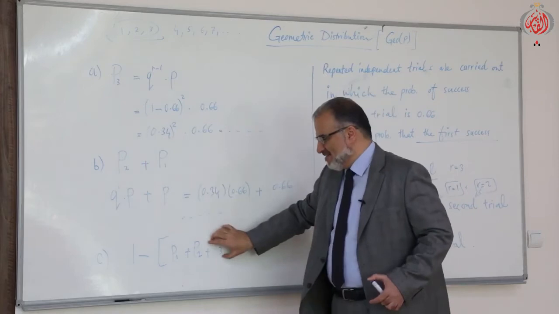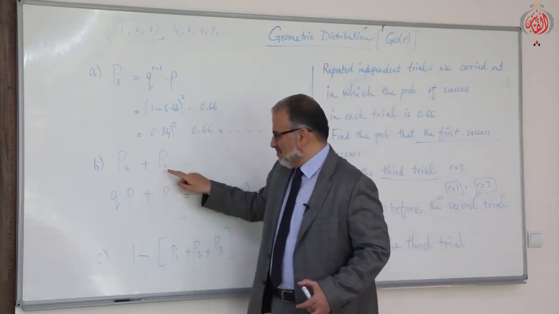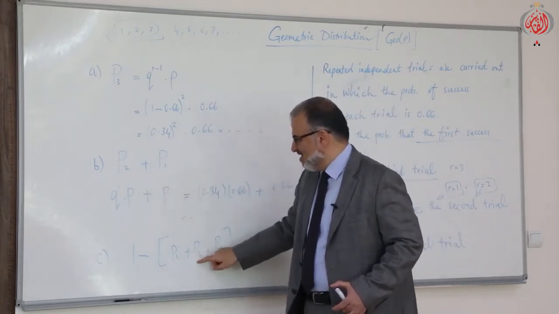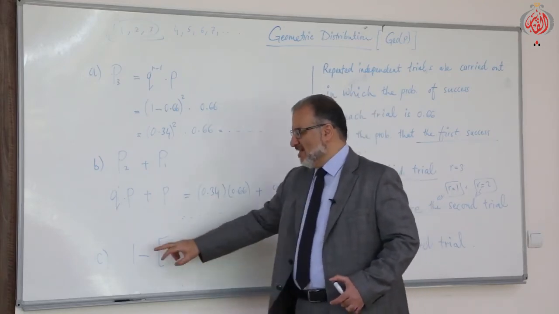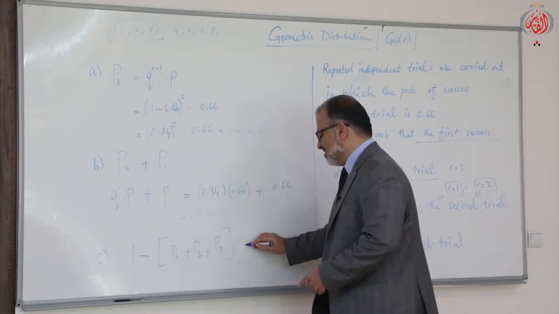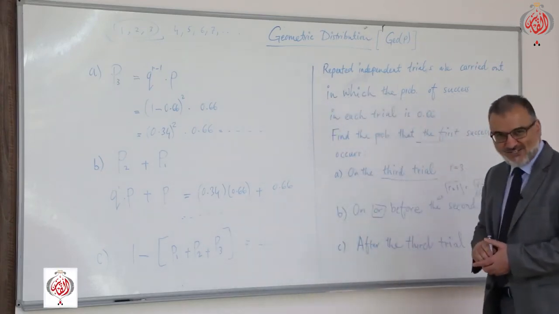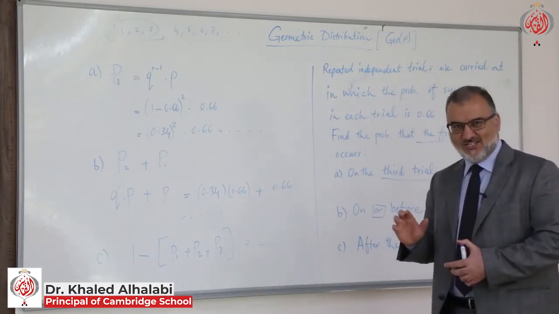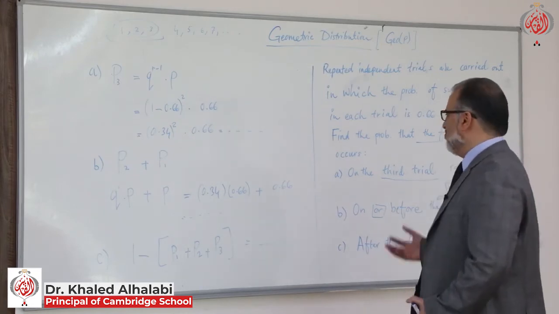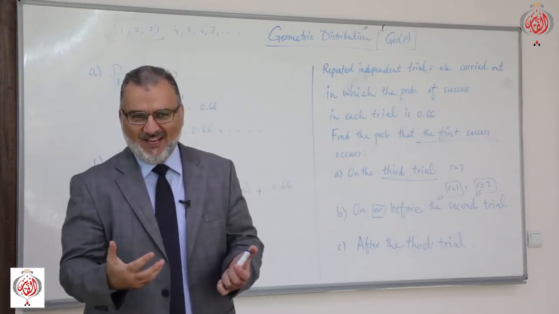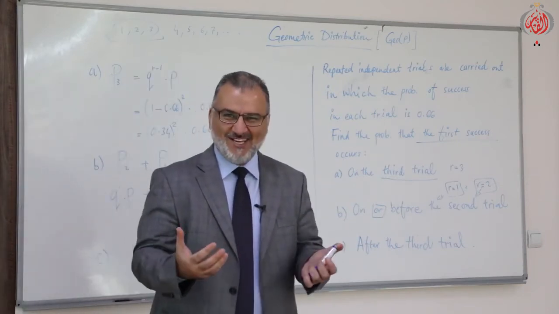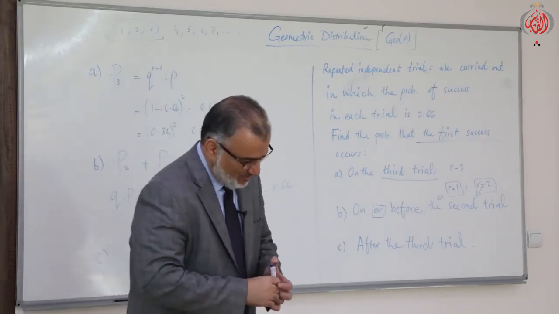Put the answer here, and P2 and P1, get the answers and add them together, then 1 minus that, and you will get the answer. Simple and direct. Once you understand, you will always enjoy mathematics, as you have been enjoying math from the beginning of the year.